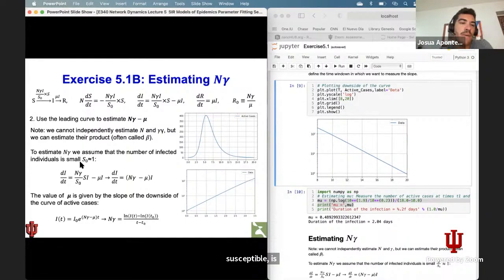I'm missing the fraction here. But by assuming that this fraction is 1, we can then solve this equation.